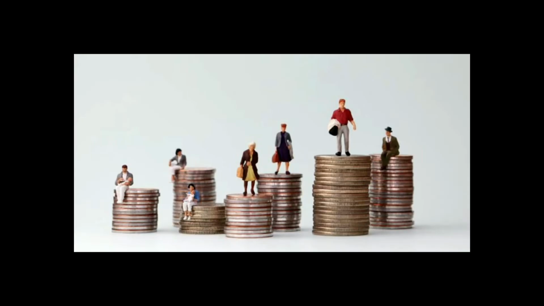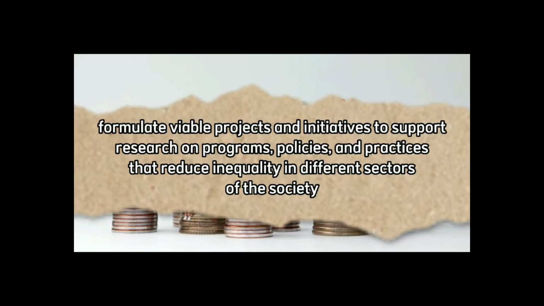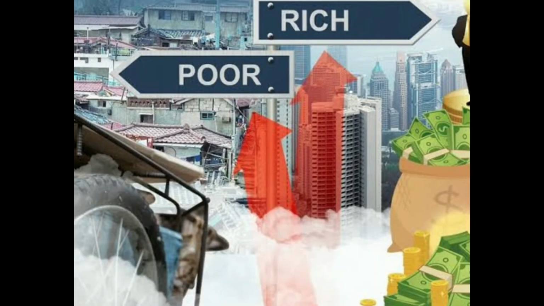The government, having identified inequalities, tries to formulate viable projects and initiatives to support research and programs, policies, and practices that reduce inequality in different sectors of the society. In the Philippines, for instance, the gap between rich and poor regions widens even more.